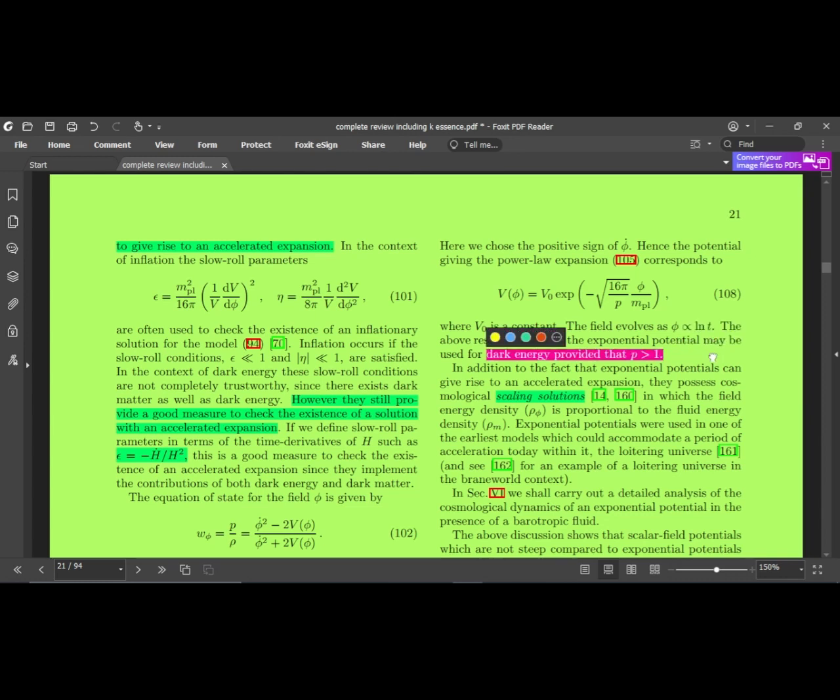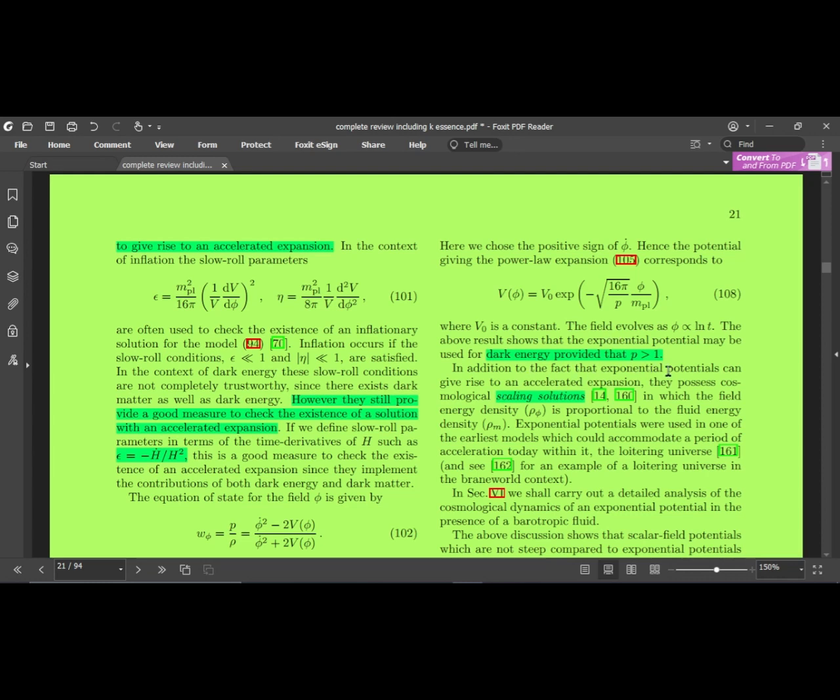So dark energy is responsible not by 1 over phi squared, but if you take the exponential form of phi, then it is presenting you the dark energy component, because it again gives you the whole scenario of acceleration.